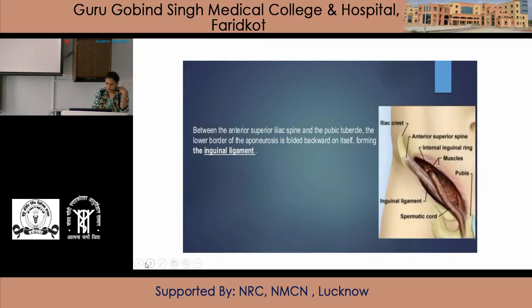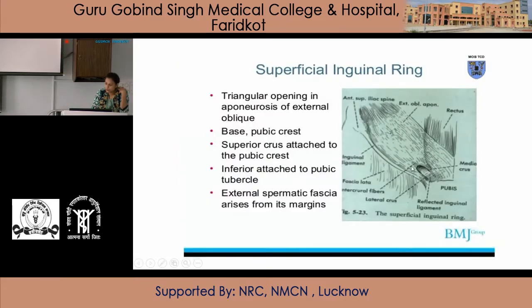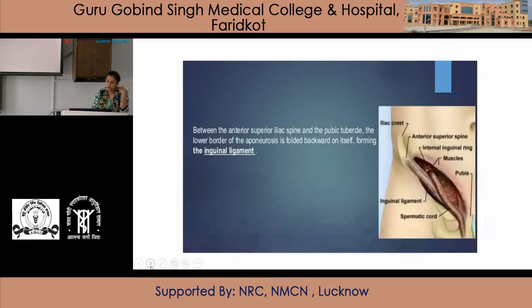And what is the superficial inguinal ring? That is a triangular opening in the aponeurosis in the lower part. And what is the inguinal ligament? That is formed by the folding of the aponeurosis from the anterior superior iliac spine to the pubic tubercle. These two are separate.